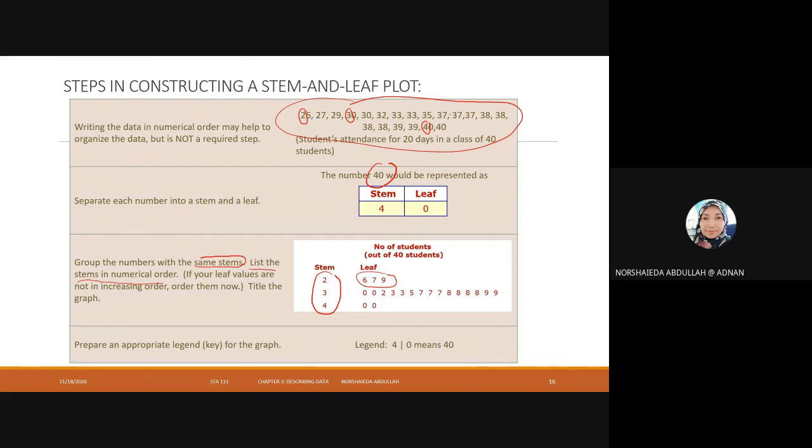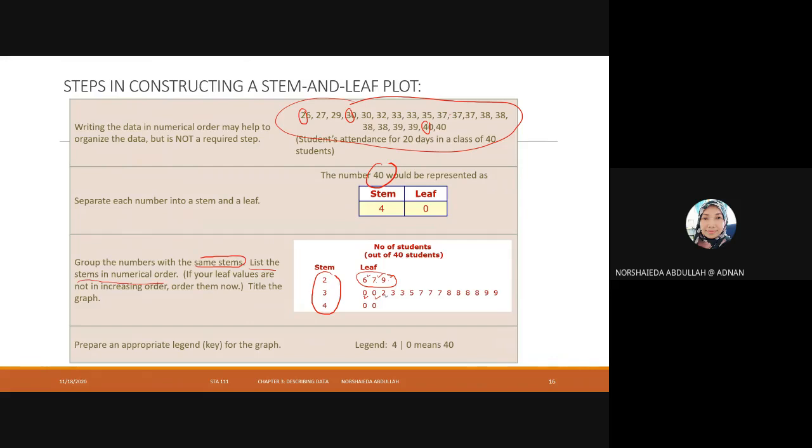So for stem 2, we have 26, so the leaf is 6, and then 27 and 29. Then for stem 3, we have 30, and there are 2 30s, so we must write the 0 two times.